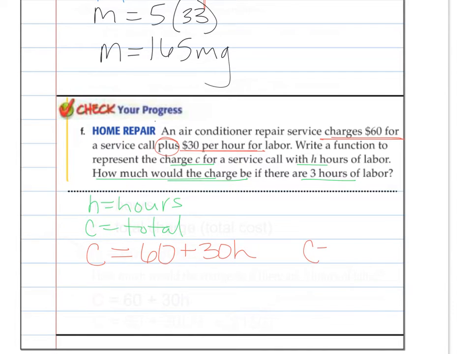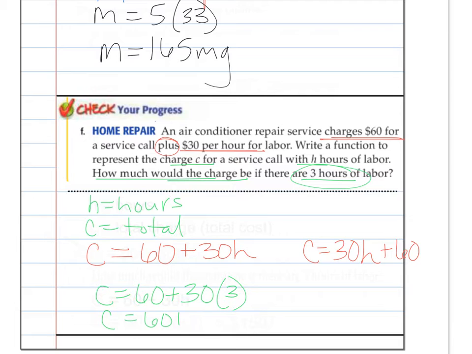Generally, I would write the variable first, so $30 for every hour plus the 60 no matter what. If it's 3 hours of labor, I plug that in. So the cost is 60 plus $30 for 3 hours of work. So the cost would be that $60 plus that $90 for work. So the cost is $150. It's going to cost $150 to get the air conditioner repaired.